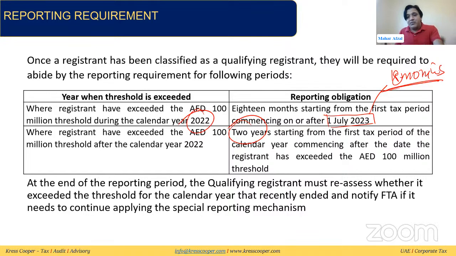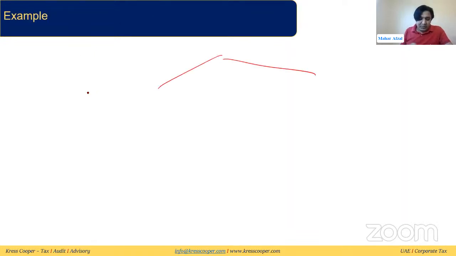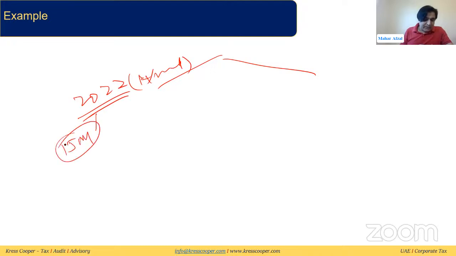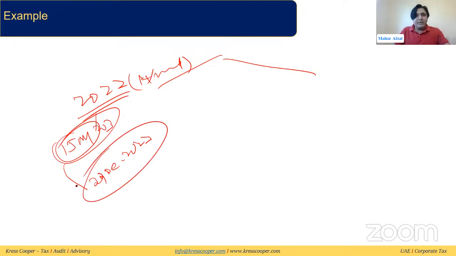I just wanted to give you an example for this. Just look into this. This is 2022. If in 2022 this threshold has been exceeded, then the reporting requirement will start from 1st of July, assuming the first tax period starts from 1st of July 2023. From 1st of July, for 18 months, they need to report it in the return.